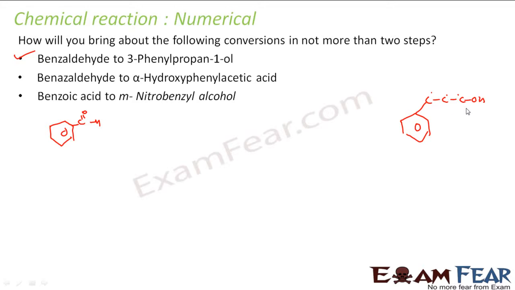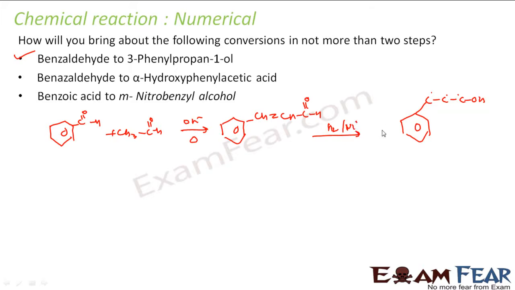See, this has 1 carbon, and this has 2 extra carbons. The first thing I have to do is add 2 extra carbons. I can do this using aldol condensation. I can use this CH3CHO and do aldol condensation with heat also. With this, the product which I'll be getting is CH=CH-CHO. Now I have a double bond here, right? I want to make it all single bond. I can just use hydrogen in the presence of nickel catalyst. I can do hydrogenation. I'll get this product.